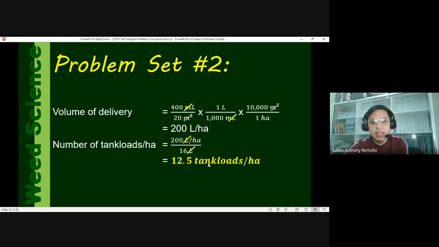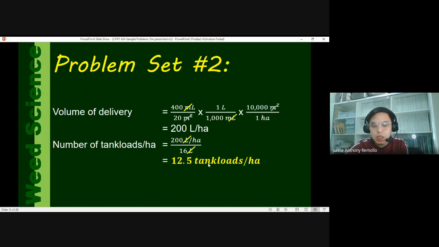After which, we will multiply 20 by 1 liter divided by 1,000 milliliters in order to come up with the amount in unit liters. So times 1 liter divided by 1,000 equals 0.02.